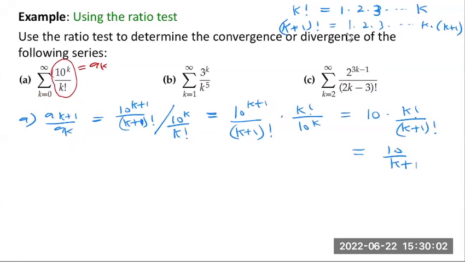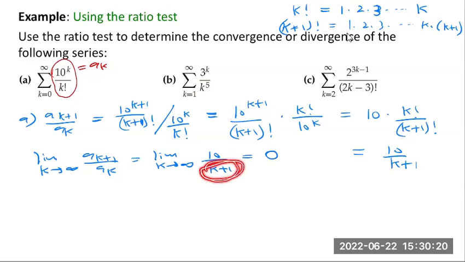Let's take the limit. The limit as k goes to infinity of a_(k+1) over a_k is equal to the limit as k goes to infinity of 10 over k plus 1, which is clearly 0. As k goes to infinity, your denominator becomes bigger and bigger, and that is equal to 0. 0 is less than 1.